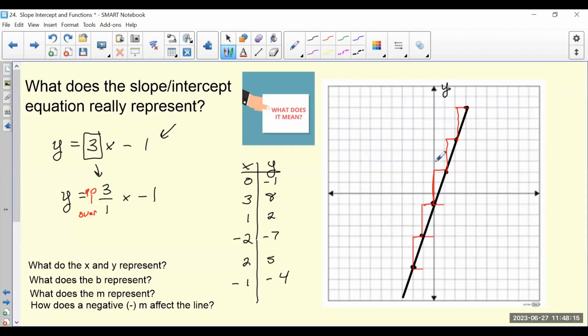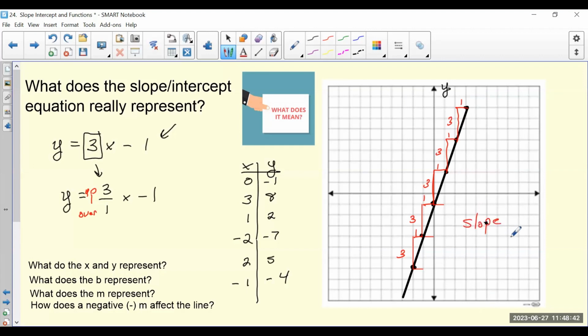And you see, what are we making? We're making a set of stairs, a staircase. But we are going up 3 and over 1 for each step. So slope.